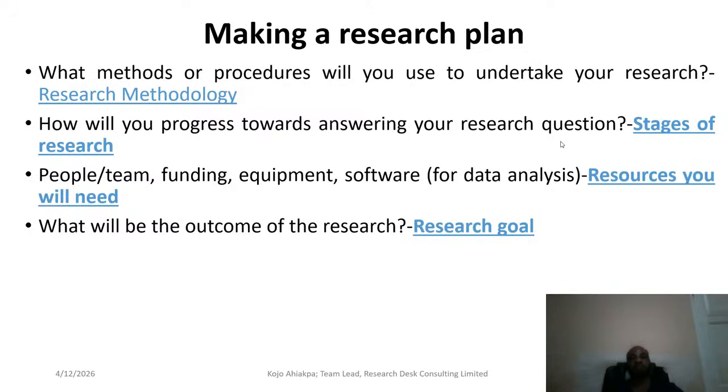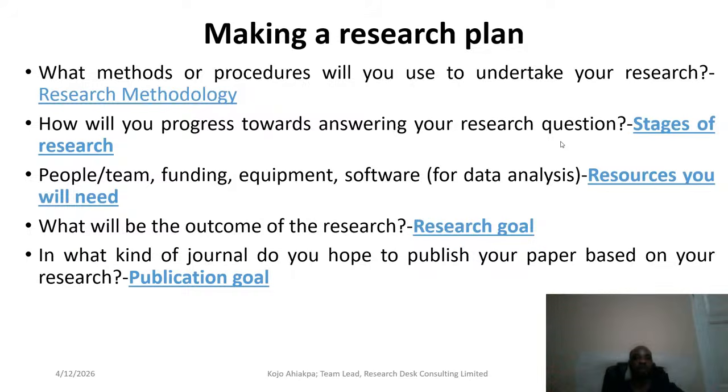And then your research goal also has to be defined from the outset. You don't wait until you finish before asking what this work is about. You should be able to know the overall goal of the work. Okay, so define the research goal, and the research goal will help you to seek funding. And then, how do you want to communicate the findings of your work, which is a publication goal?